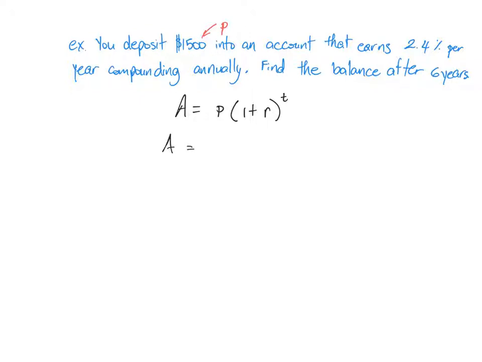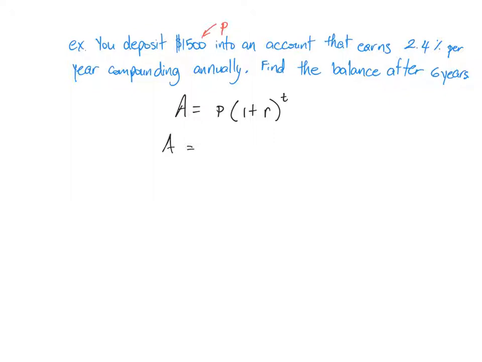We have P. We need R. In our question, it says that the account earns 2.4% per year. That is our percent interest rate. But remember, in this version of the formula, we need to convert that into a decimal.